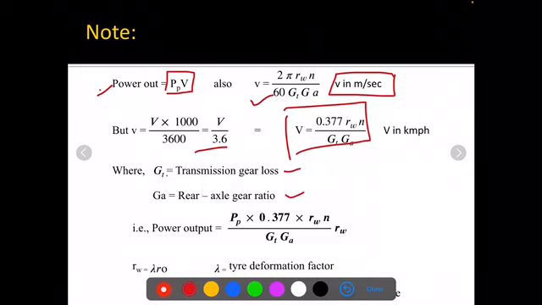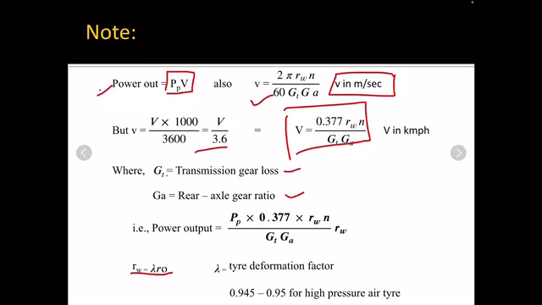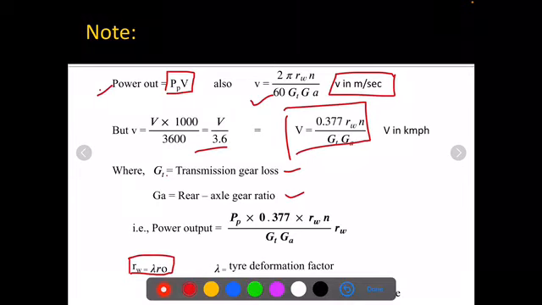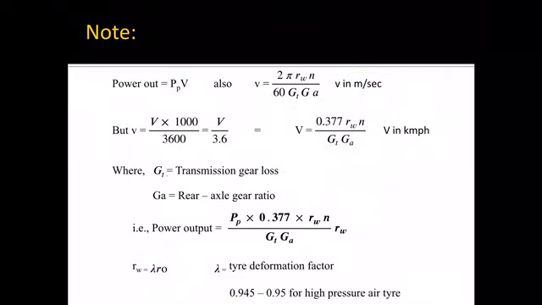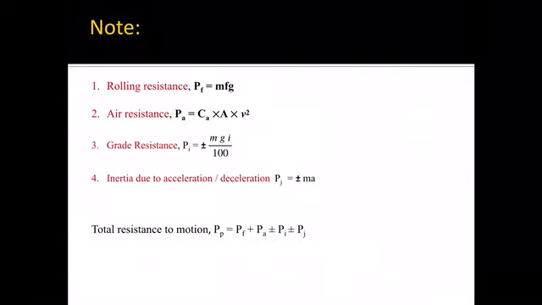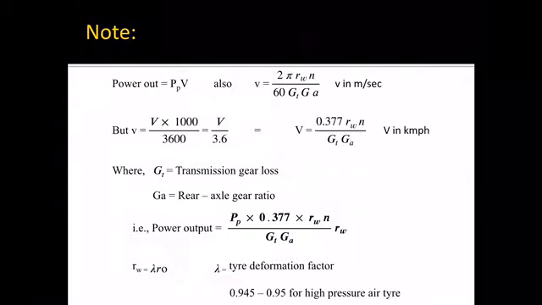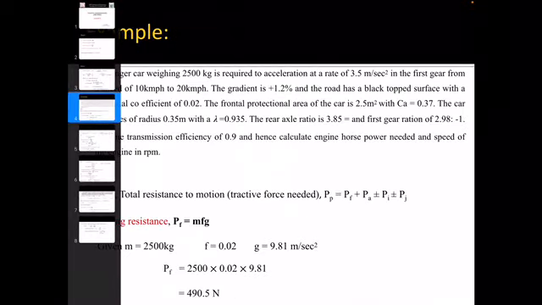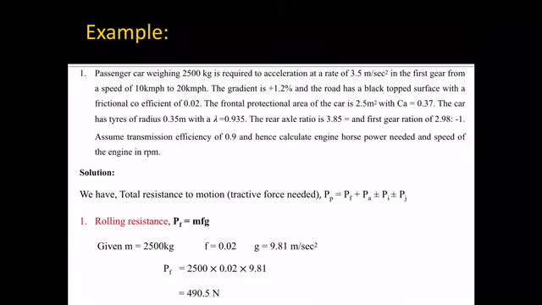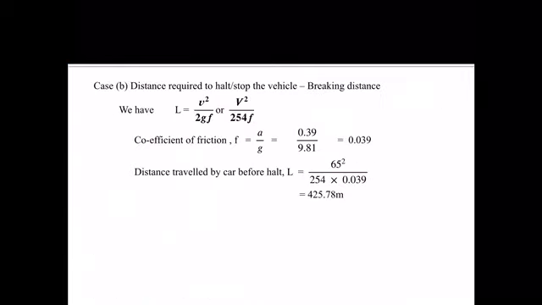Ga is the rear axle ratio, and once again the value will be given in the problem statement itself, whereas Rw is the effective wheel radius, equal to gamma times R0, where gamma is the tire deformation factor and R0 is the radius of the tire. Usually the gamma value varies from 0.95 to 0.98.